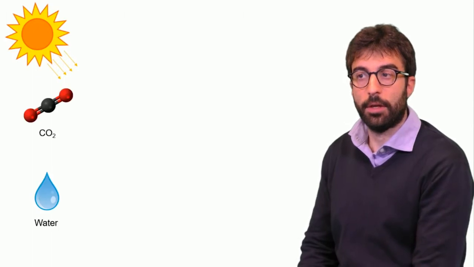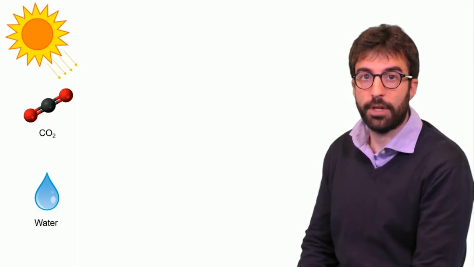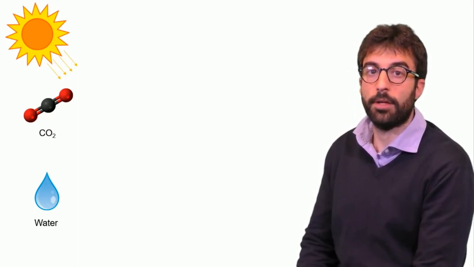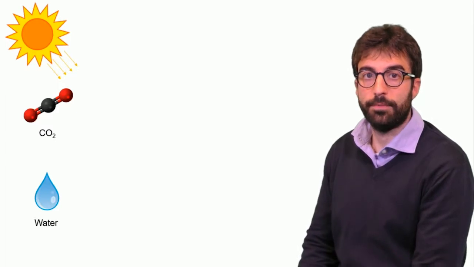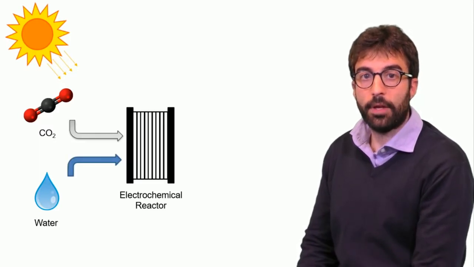Those processes usually start from two chemicals and elements available in nature: carbon dioxide, that can be obtained from several sources like biomass, but also from the atmosphere, and water. Electrical energy is stored through an electrochemical reactor.